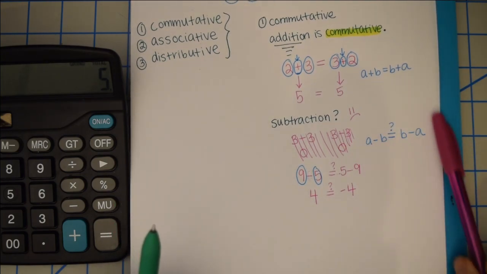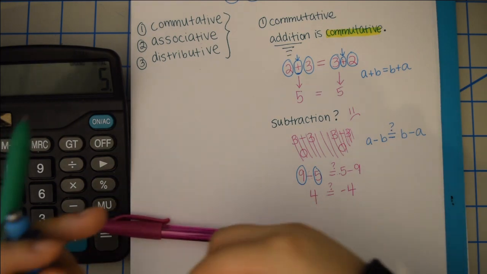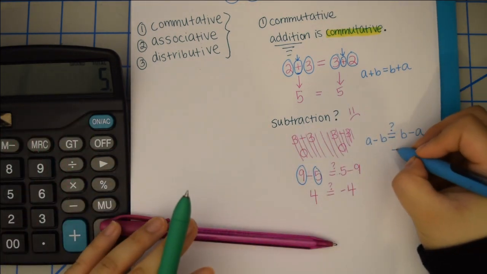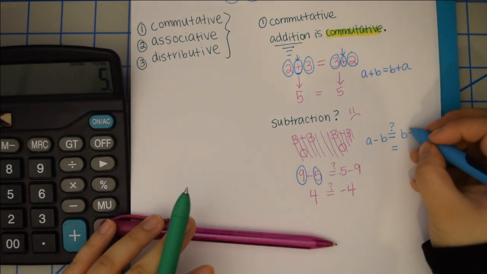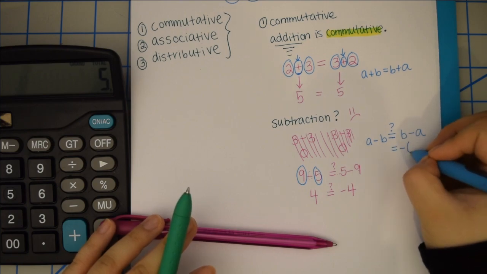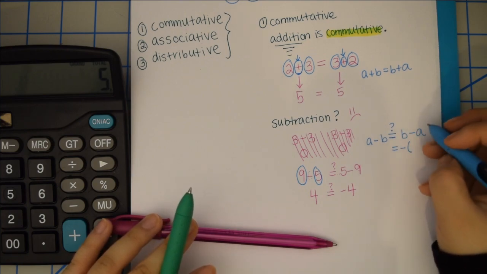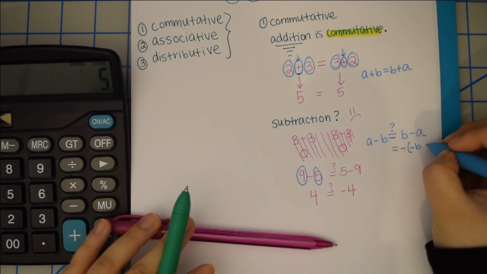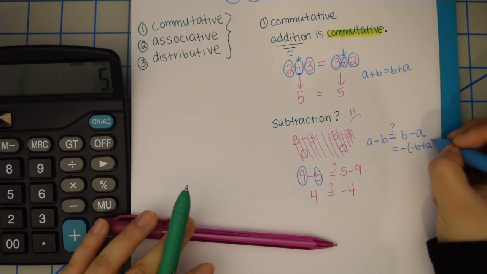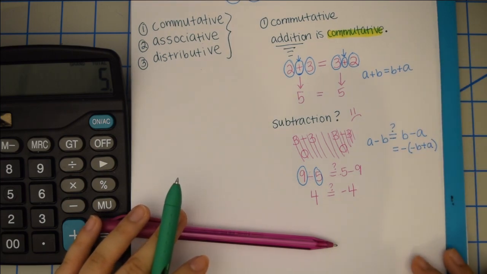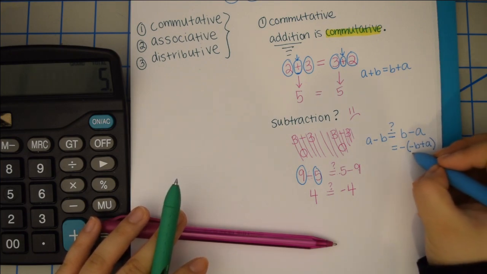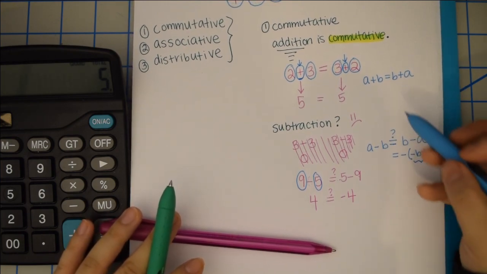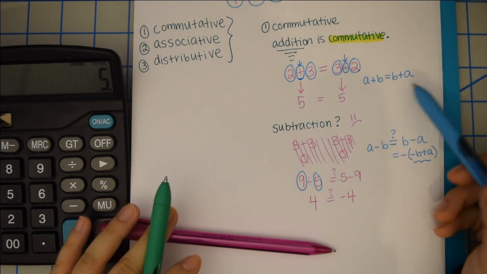If you're already familiar with algebra here, you can actually prove this to yourself by factoring out a negative from this and getting negative b plus a. And since I'm kind of fancy here, we literally just learned that addition is commutative.